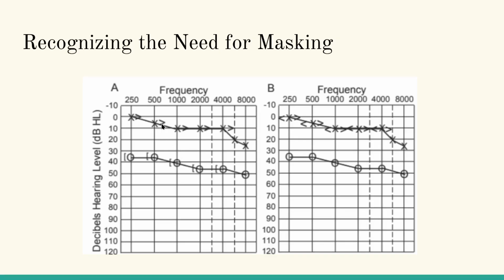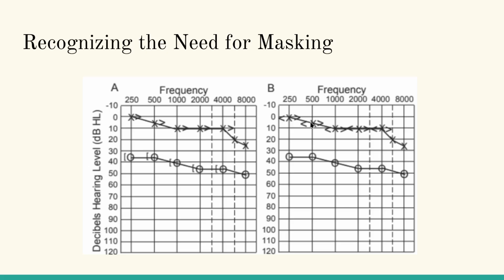We see that the left ear X's for air conduction line up with the unmasked bone conduction thresholds in the left ear. But what if the right ear bone conduction thresholds were not obtained with clinical masking to the left ear? Then we would see the audiogram on the right side.